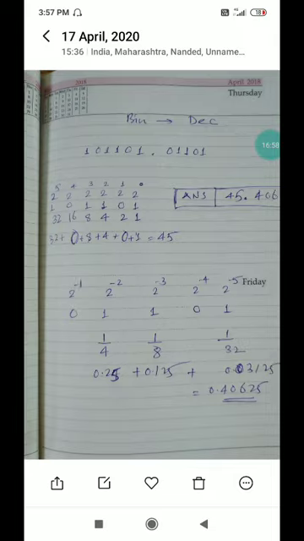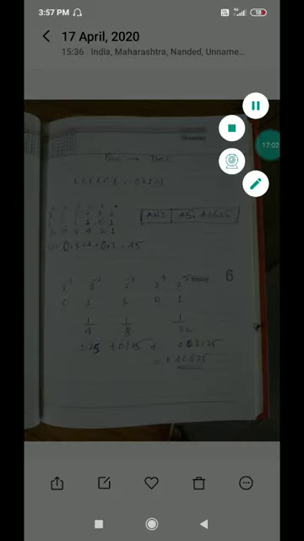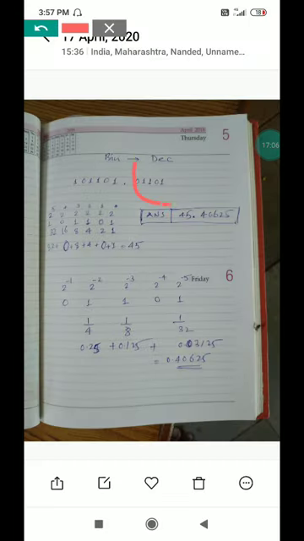Now the fractional part. For the fractional part we have some other calculation. Simple it is. For the fractional part, the powers are 2 to the power minus 1, 2 to the power minus 2, 2 to the power minus 3, 2 to the power minus 4 and 2 to the power minus 5.